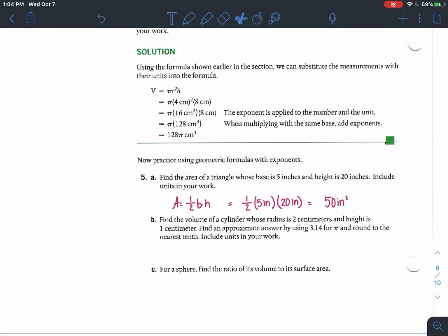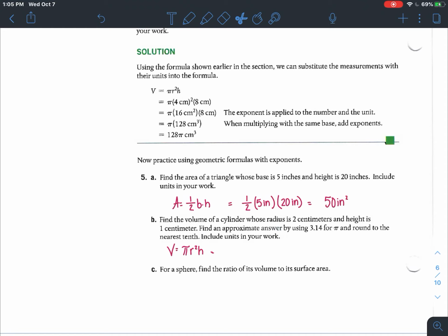And then part B, we're going to do similar, but we're going to find the volume of a cylinder, which is essentially a 3D type triangle, whose radius is 2 centimeters and the height is 1 centimeter. Find an approximate answer by using 3.14 for pi and round to the nearest tenth. Include the units in your work just like we did.